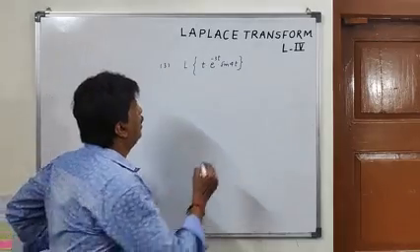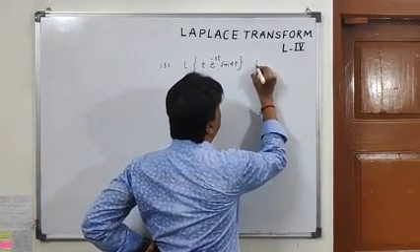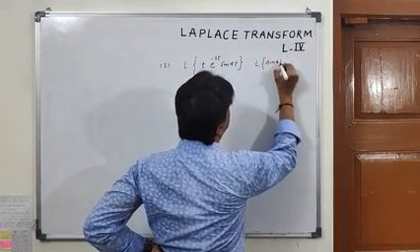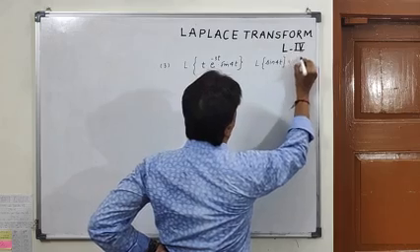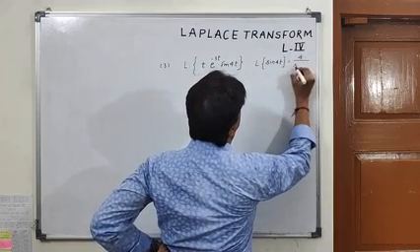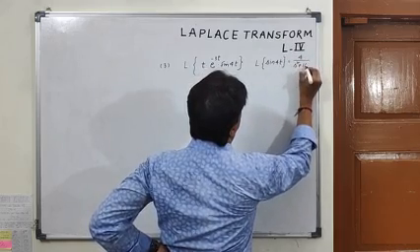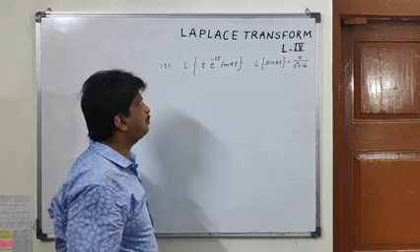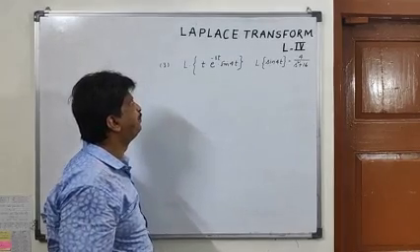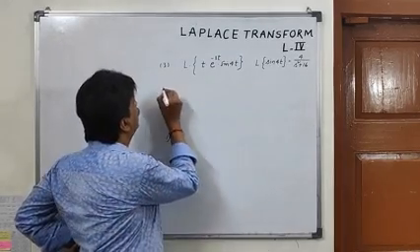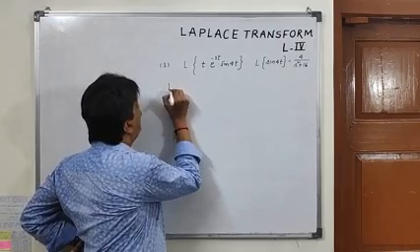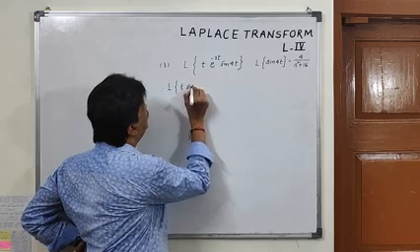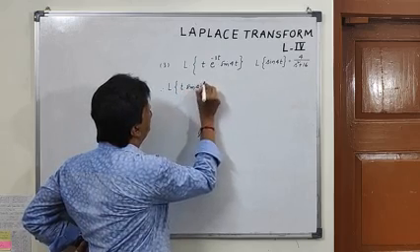So the Laplace transform of sine of 4t, what is it? It is 4 upon s square plus 16. Therefore, the Laplace transform of t into sine of 4t.